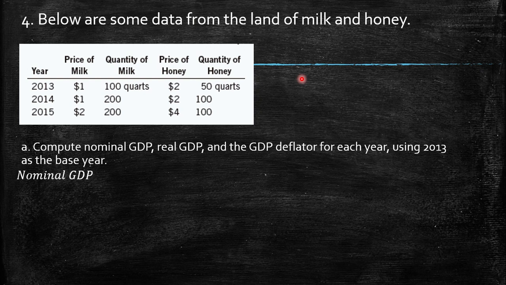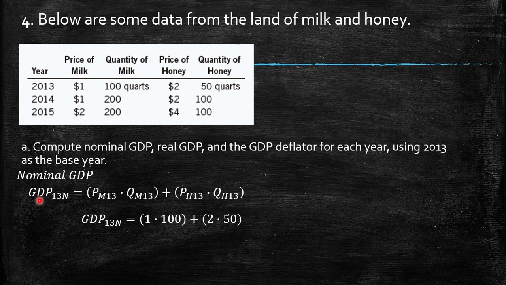First, the nominal GDP. The nominal GDP for 2013 should be the prices of 2013 times the quantities. This M stands for milk and this H for honey. Here everything is valued with year 2013 prices.